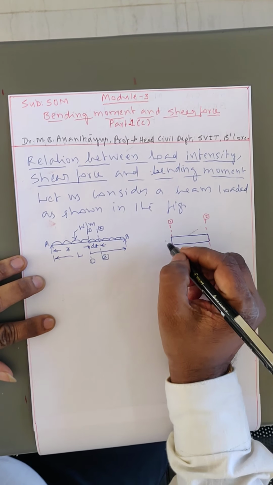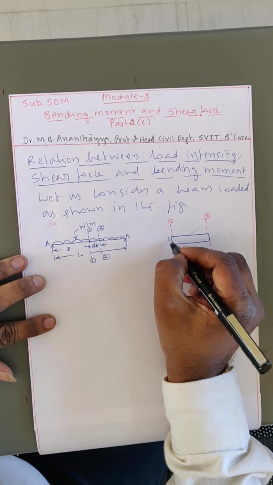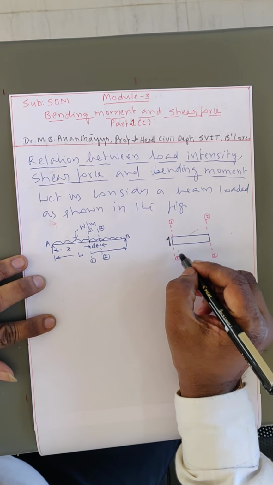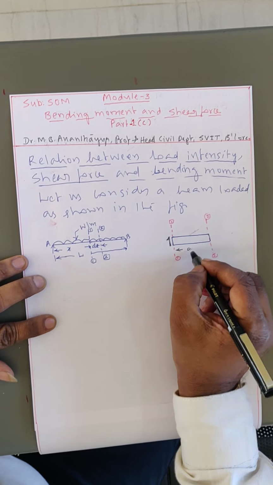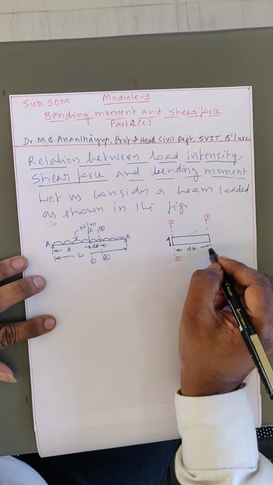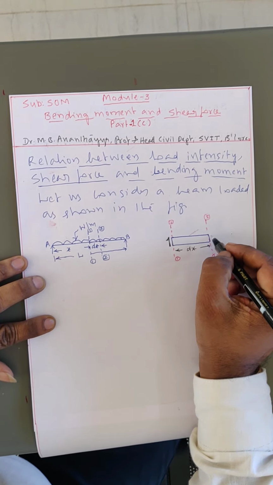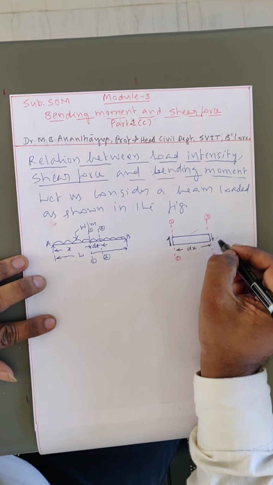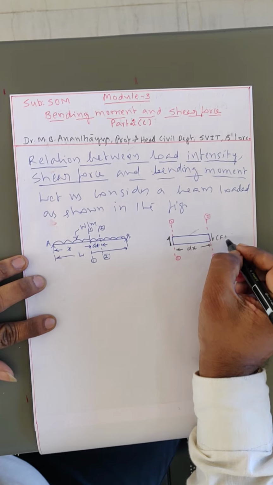Here at section 1 the shear force F is acting upward, and at a distance of dx the shear force is acting downward to the right. It is F plus dF.